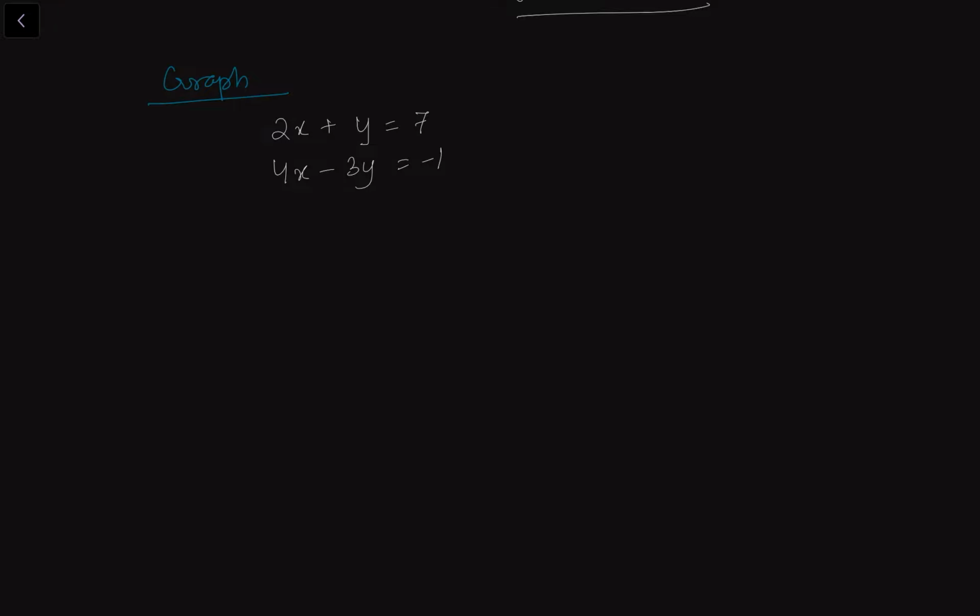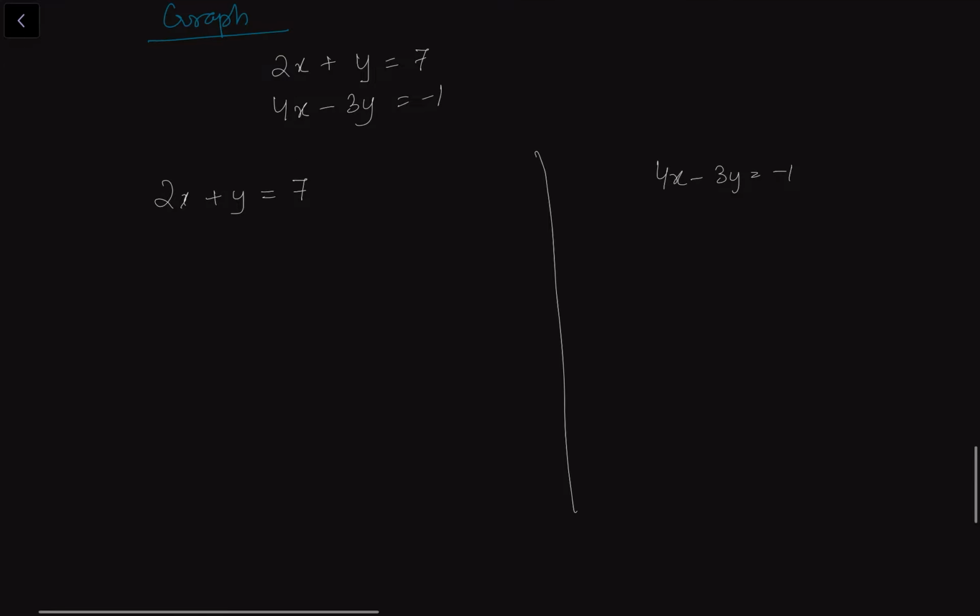Now here also you will isolate y first, and we will solve the two equations separately. We will draw the graphs, and then we will choose the point of intersection.